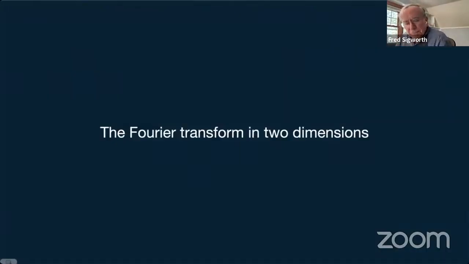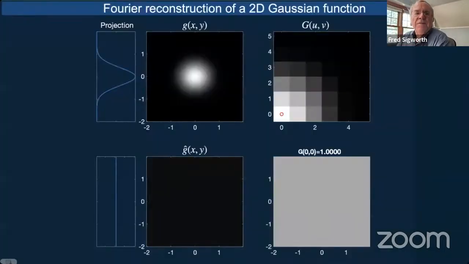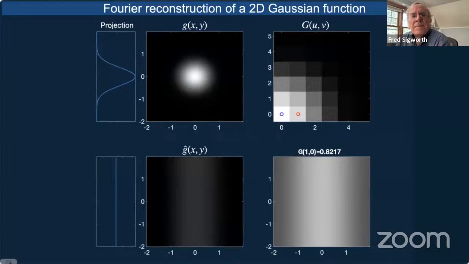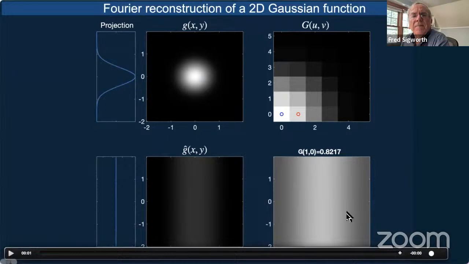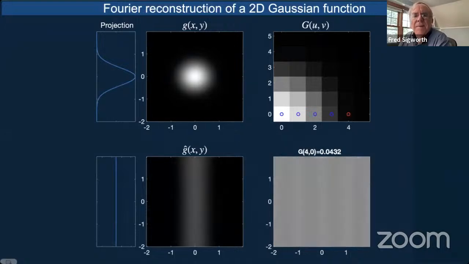Okay, so in 2 dimensions, which is where we use Fourier transforms in image processing, it's the same kind of idea. So we build up a duplicate of a function by using coefficients, which I'm displaying here as grayscale, and gratings.